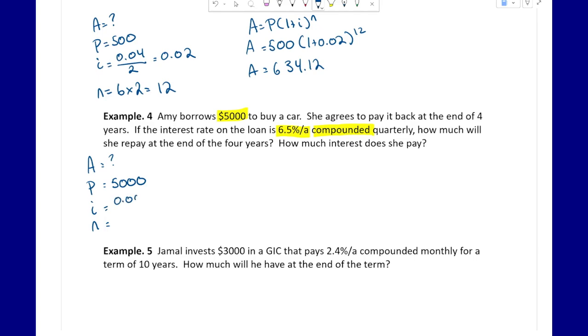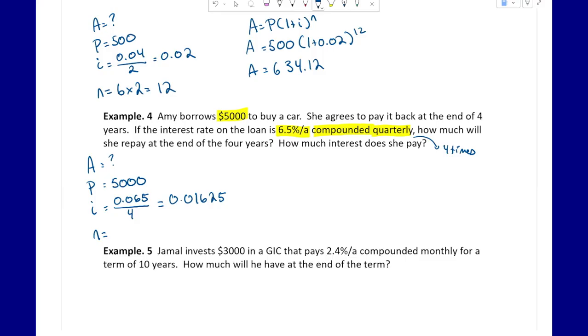Remember, we do have to do a small calculation. I have to take that 6.5%, turn it to a decimal, 0.065, and divide it by the compounding period. It is compounded quarterly, which means 4 times. So 0.065 divided by 4 gets 0.01625.